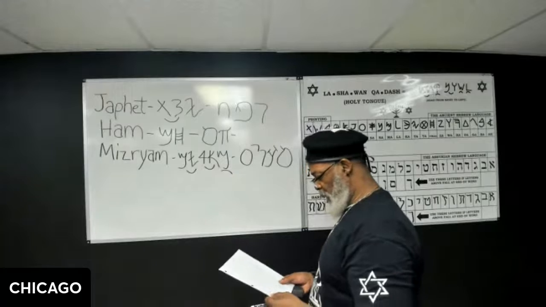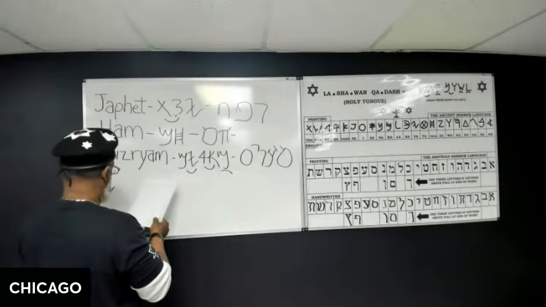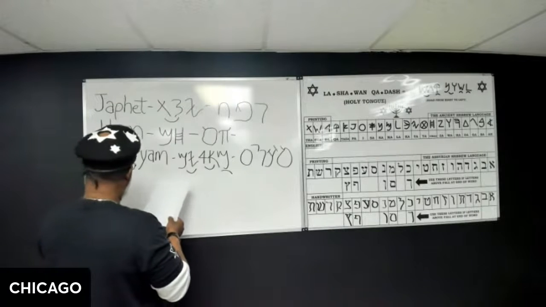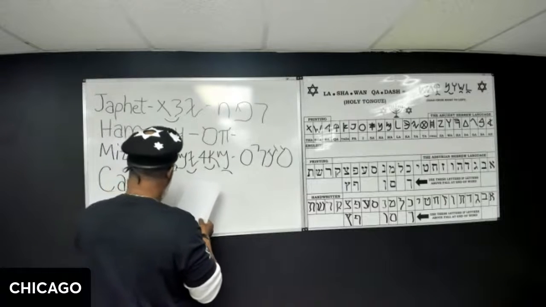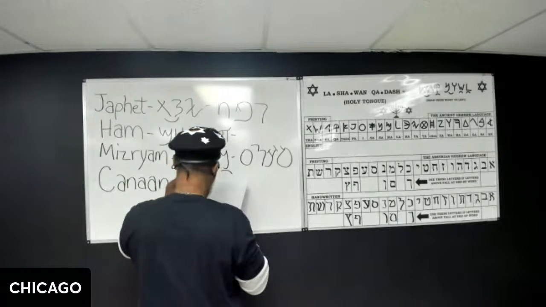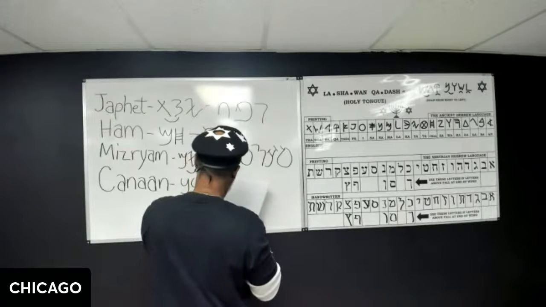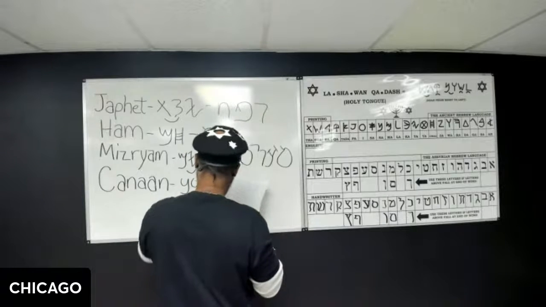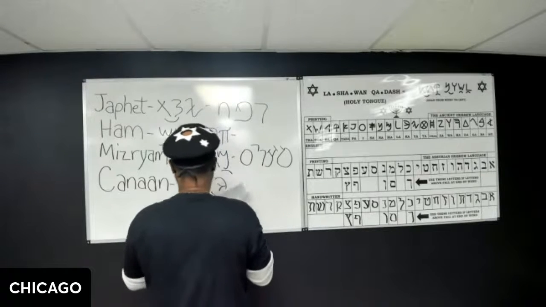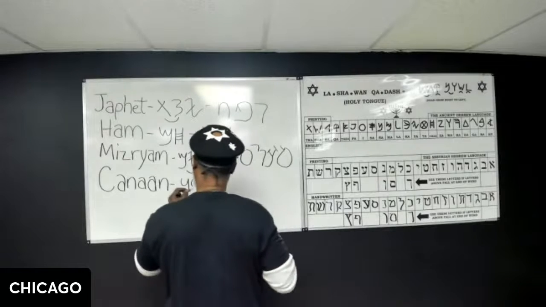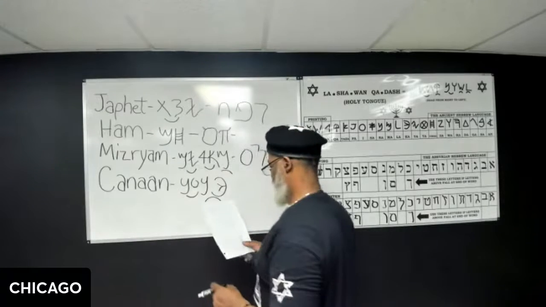Now next, we're going to do the nation Canaan. You cannot forget the connectors, and some of the letters are singular. You need to put the connectors on some of the letters for it to come out right.